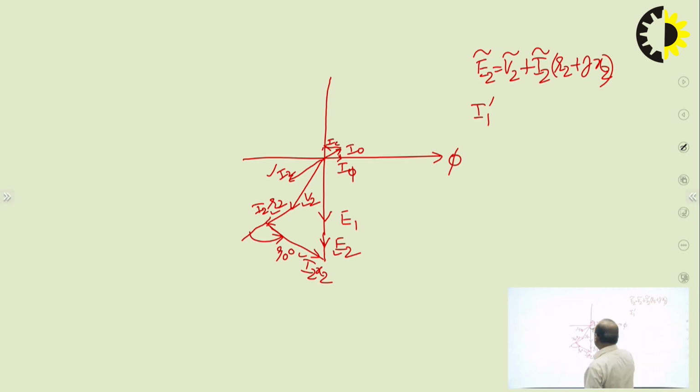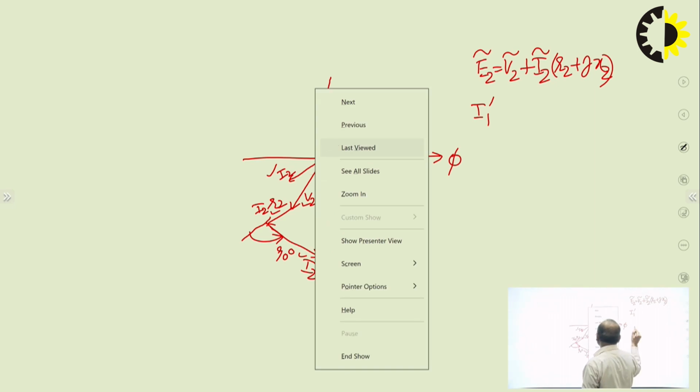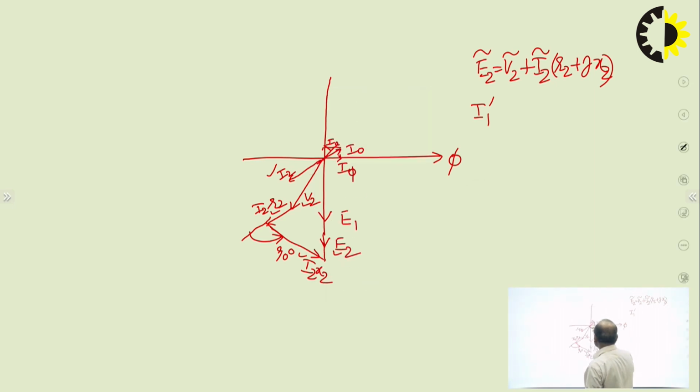So from I2 we take the anti-phasor I1 dash, the load component of primary current, and the phasor sum of I1 dash with I0 becomes the resultant primary current I1. If we take this using the parallelogram method, this becomes I1.